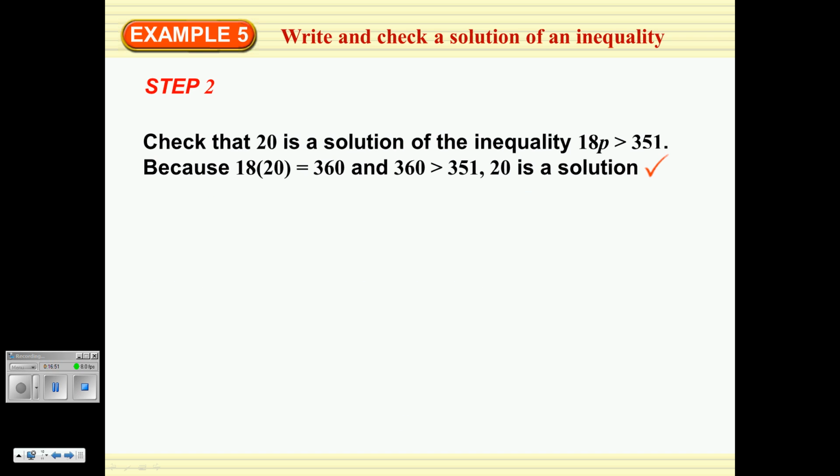So let's check it. Let's see if 20 points per game will be enough. So check that 20 is a solution of the inequality. 18 times p is greater than 351, and because 18 times 20 is 360, and 360 is greater than 351, 20 is a solution. Okay?